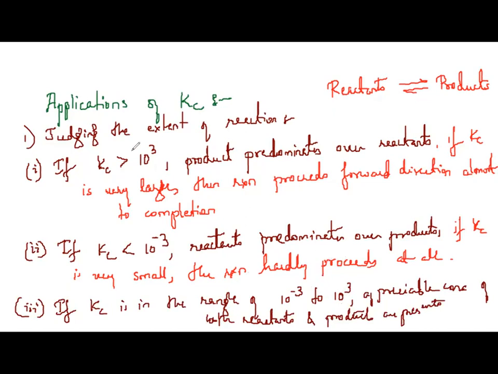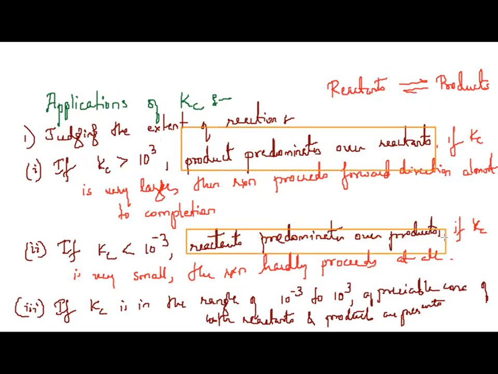So if Kc is very large, more than 10 raised to 3, the reaction proceeds in the forward direction and product predominates.